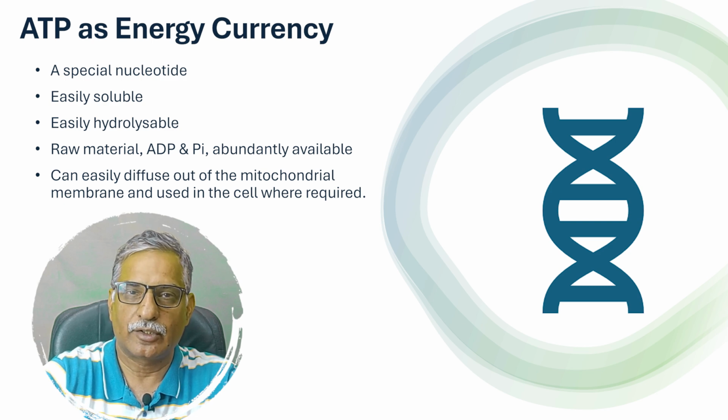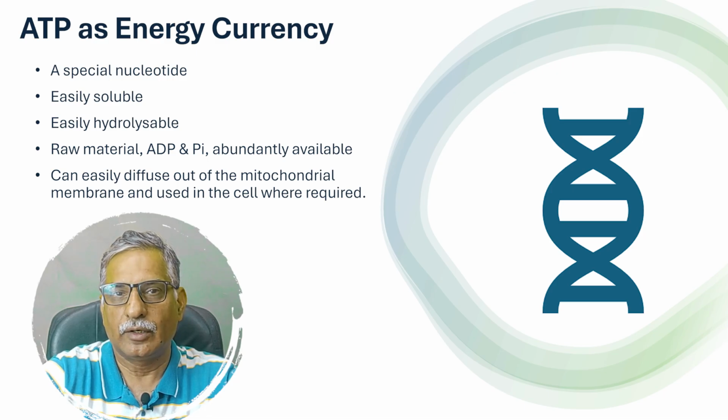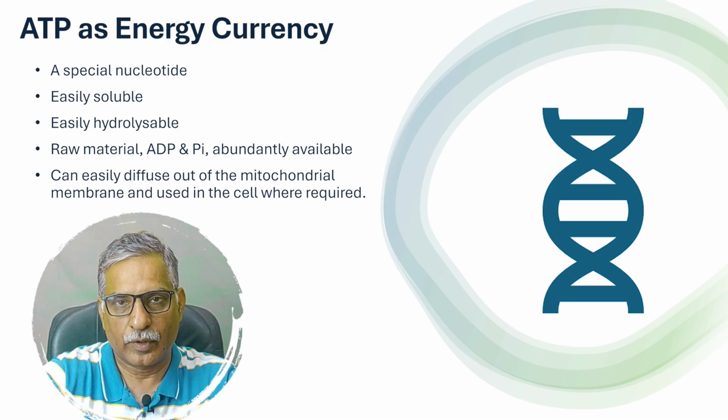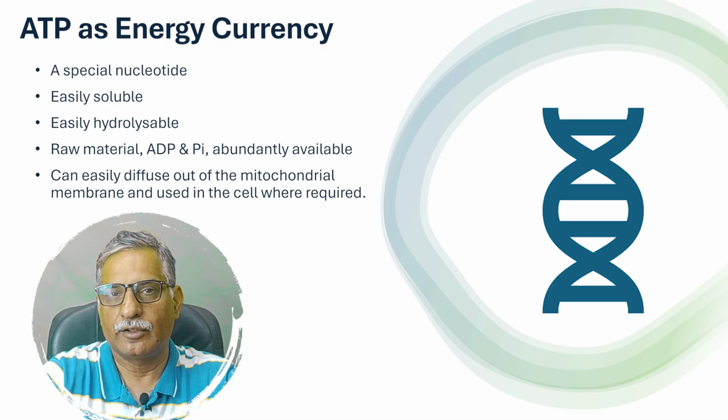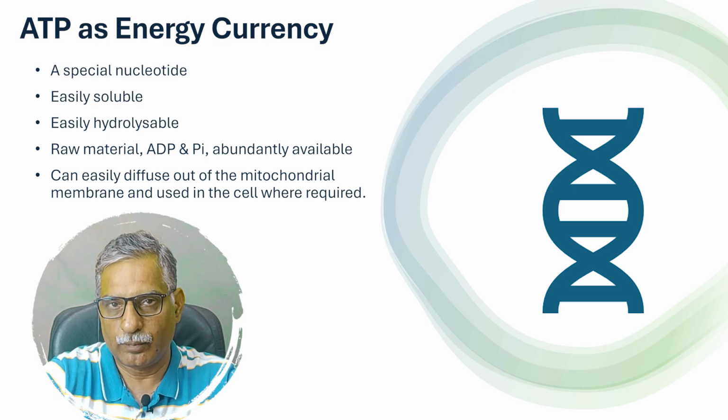Whenever respiration takes place, energy is released during the oxidation of the respiratory substrates. That energy is released partly as heat, but mainly as chemical energy that is stored in the ATP molecule.